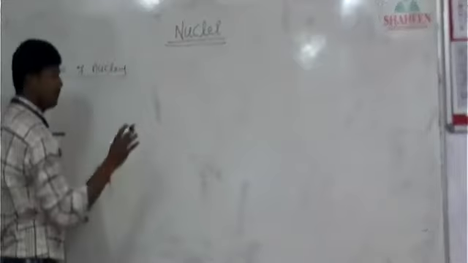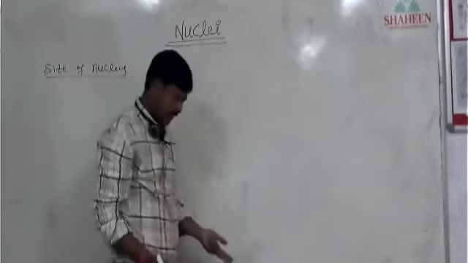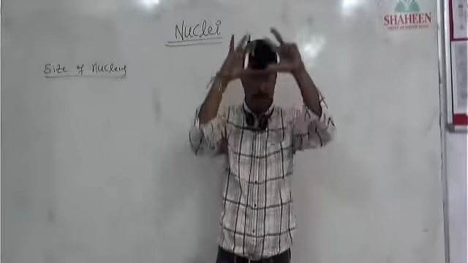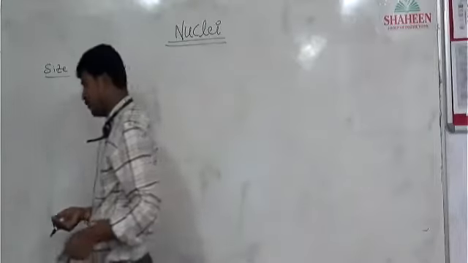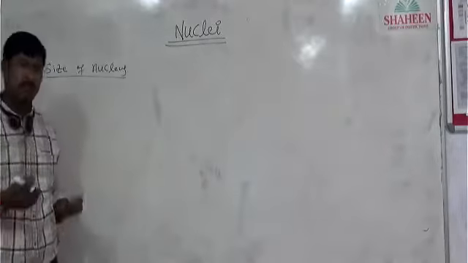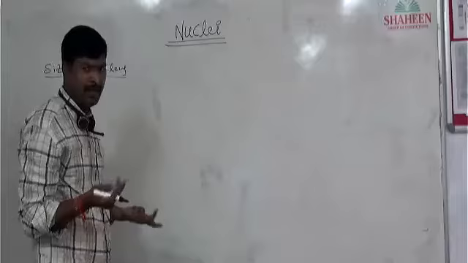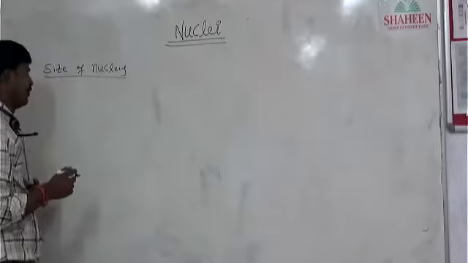Size of nucleus means the total size. I already told you the nucleus has a spherical shape. It is a sphere, so size means volume, radius, surface area, like that.